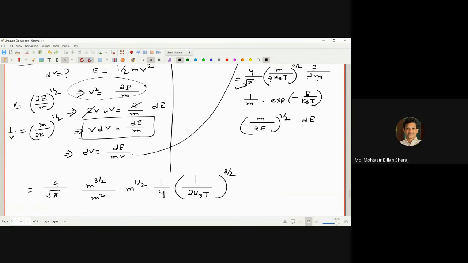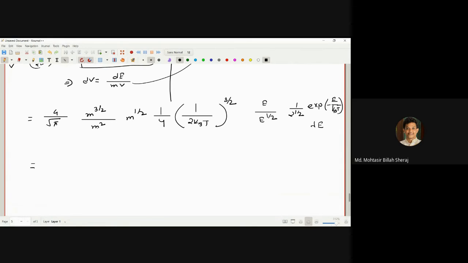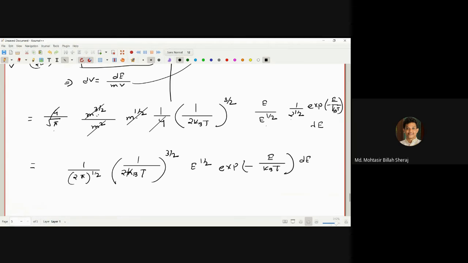And my work on this term is finished, the m's are finished. Now E divided by E to the power half, then there is a 2, and this other 2, which is basically 1/2^(1/2), e^(−E/kBT) dE. So this is my total term. So m^(3/2) times m^(1/2) will be m², m² cancels, 4 and 4 cancel. So 2^(1/2) and π, we will have 2/√π (1/kBT)^(3/2). E divided by E^(1/2) equals E^(1/2), e^(−E/kBT) dE.